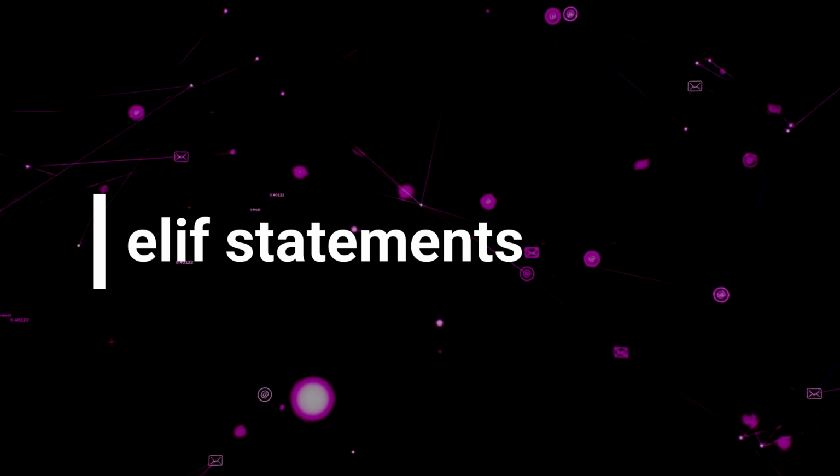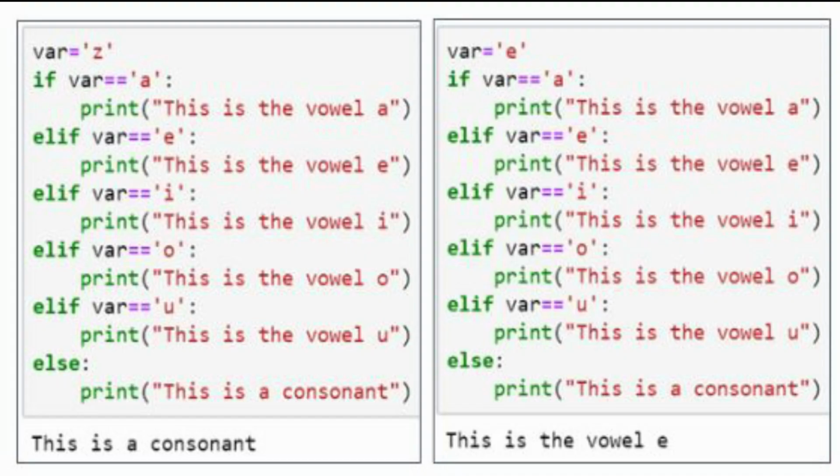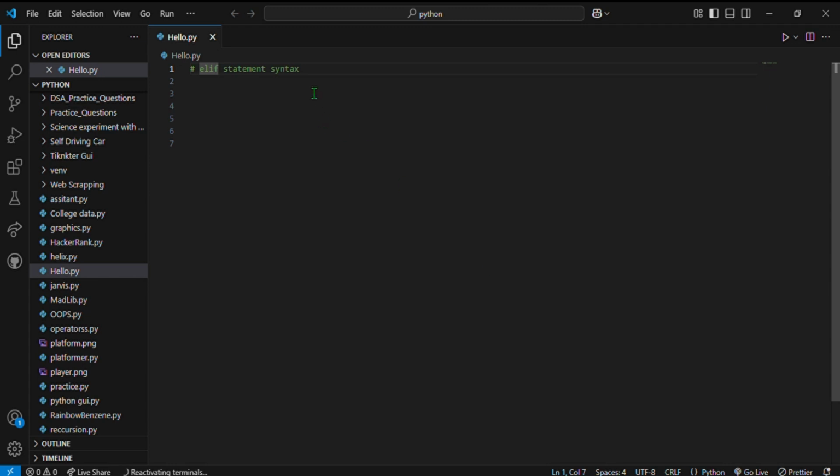Now the next one is the elif statement. If we have multiple conditions rather than one, then we use if, elif and else. For example, I have a variable marks which is 85, and if marks is greater than or equal to 90, I have to print grade A. But if the marks are greater than or equal to 75, I have to print grade B. So here I am using elif, which means else if.